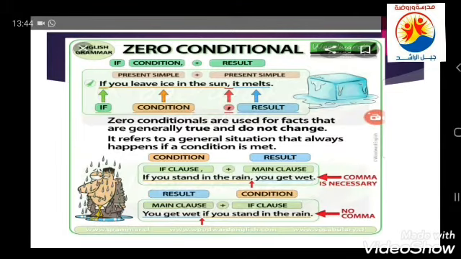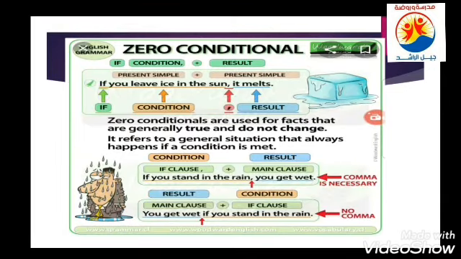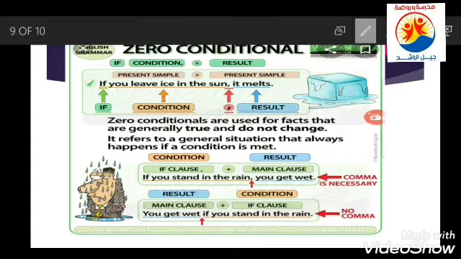Okay, this is zero conditional. Zero conditional contains two parts. The first part is the if condition, and the second is the result. In zero conditional, both parts are present simple. We didn't use will.